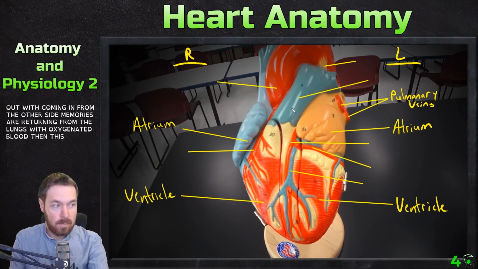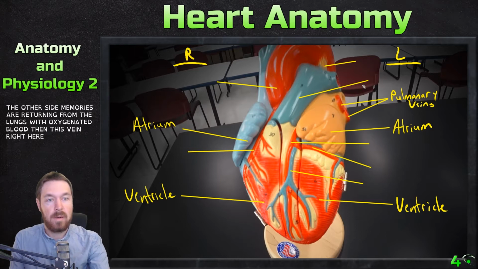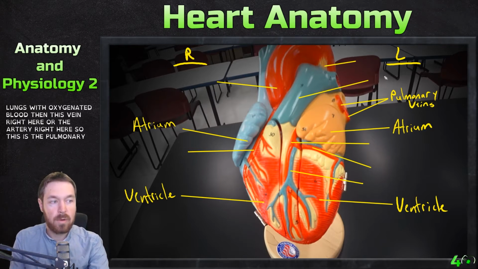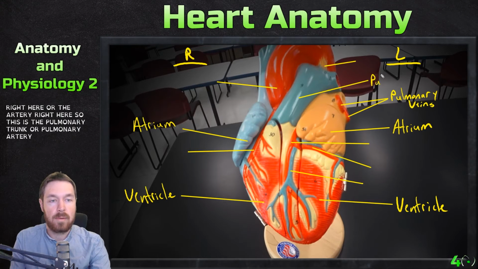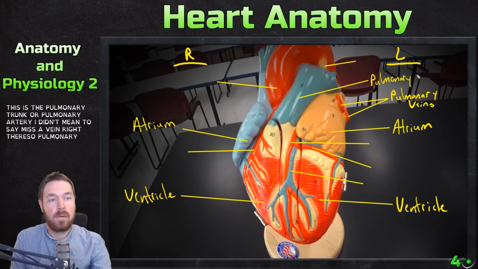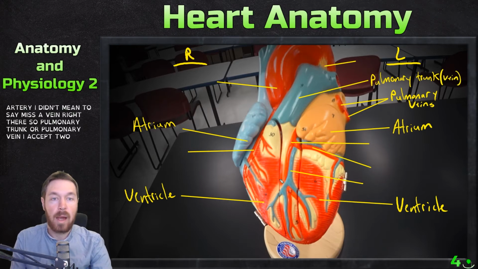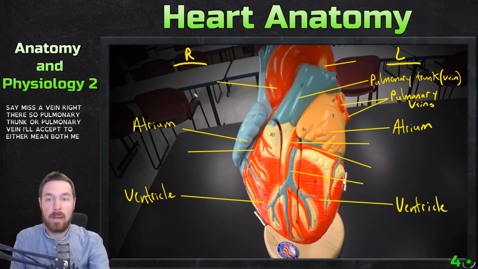Then the artery right here is the pulmonary trunk or pulmonary artery. I didn't mean to say vein right there. So pulmonary trunk or pulmonary artery, both mean the same thing.